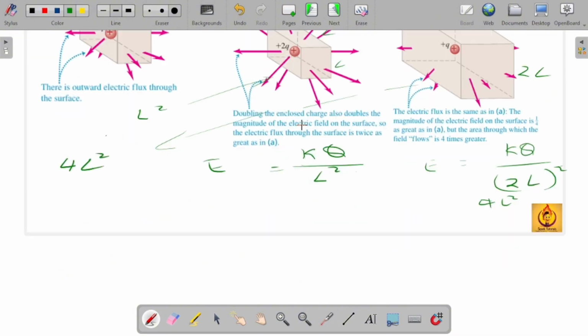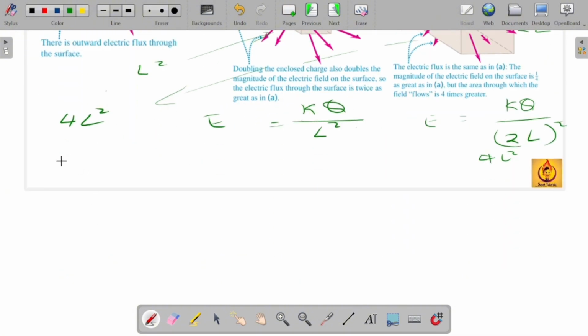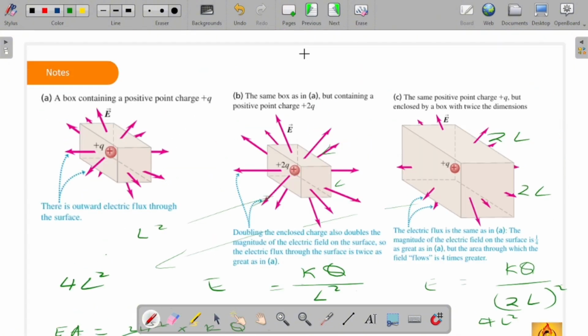Why are they cancelling? Let's discuss the formula for the flux so that you understand. The formula for the flux says electric field times area. So you take the area of 4L squared, you multiply it by the electric field of KQ over 4L squared. This cancels, you are just left with KQ. The same thing happens with this part.